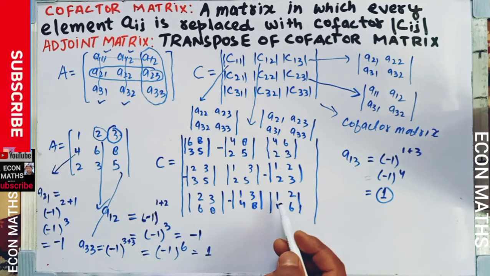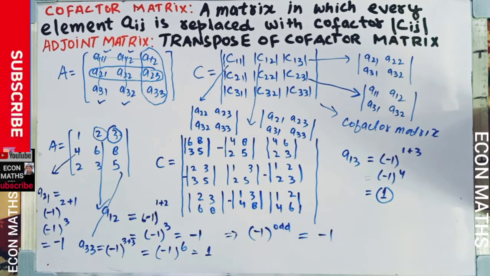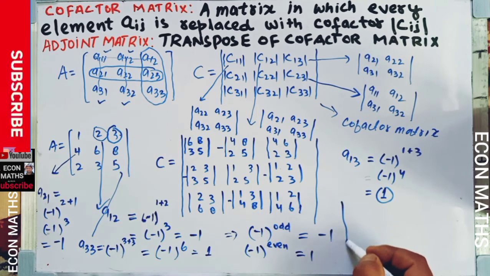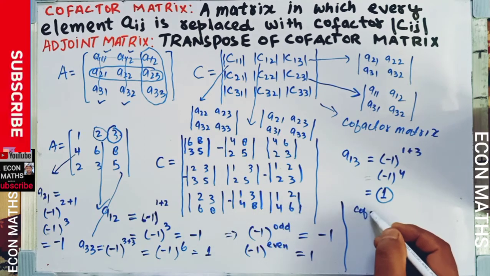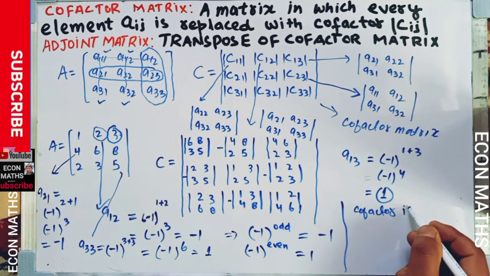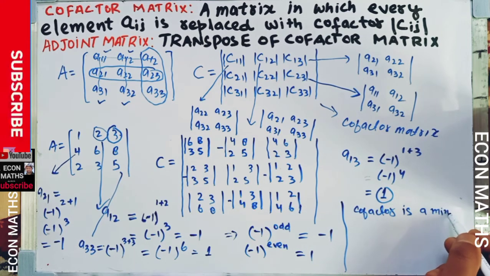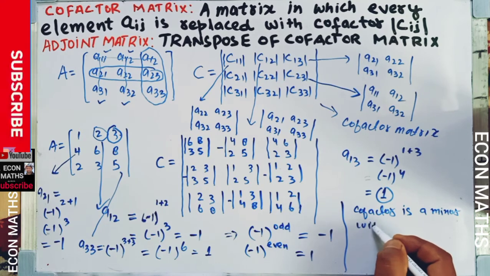Here we can see this cofactor is positive. So the general rule is minus 1 raised to an odd power is minus 1, and minus 1 raised to an even power is 1. And we know from the earlier video that a cofactor is a minor with proper sign.